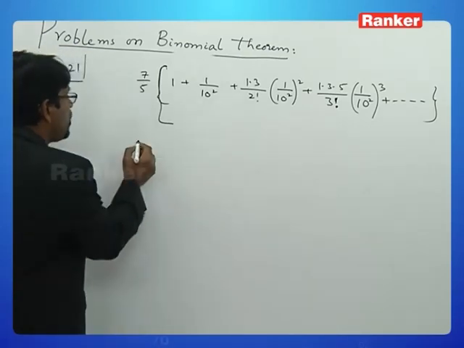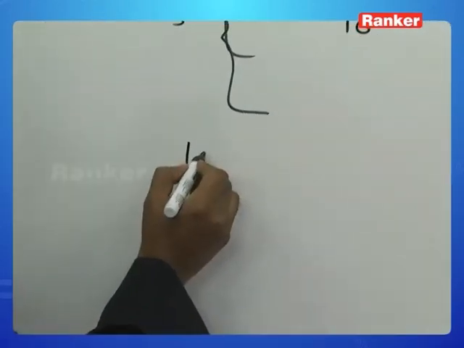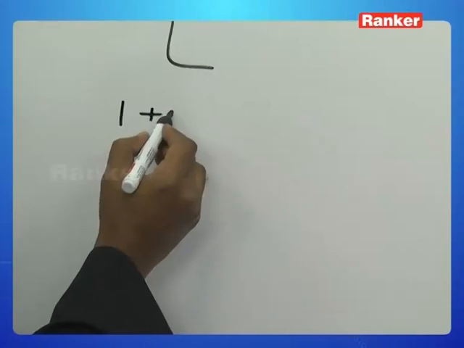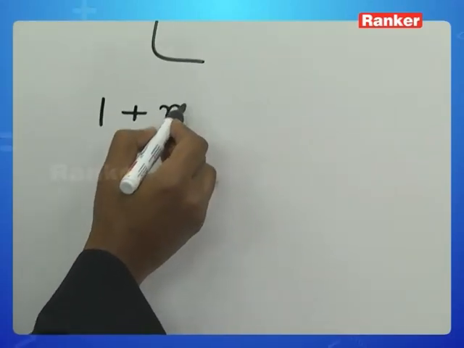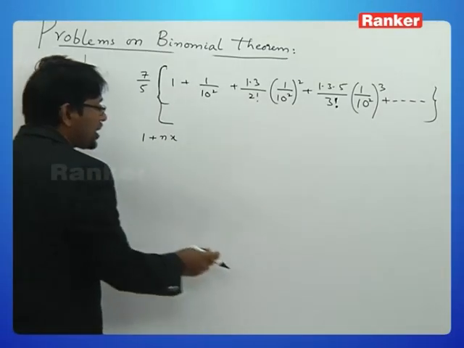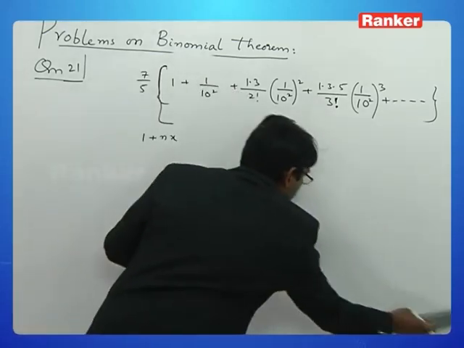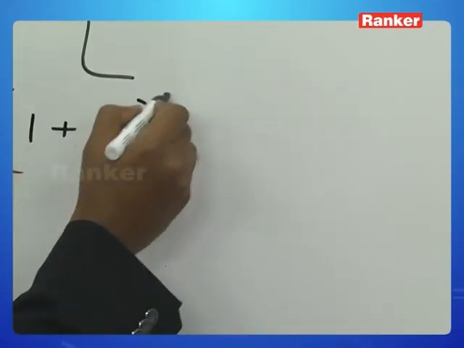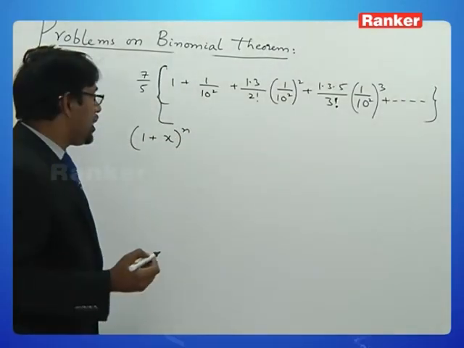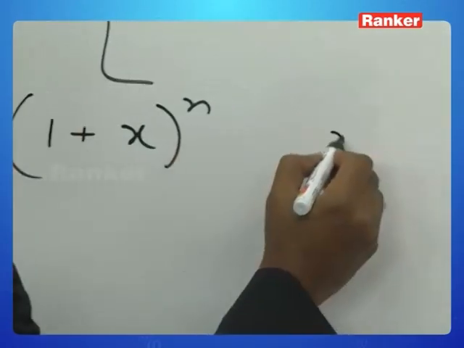Now let's try to match it up with the expansion. Let's try to match it up with (1 plus x) raised to the power n, where n is a rational index, a rational number.